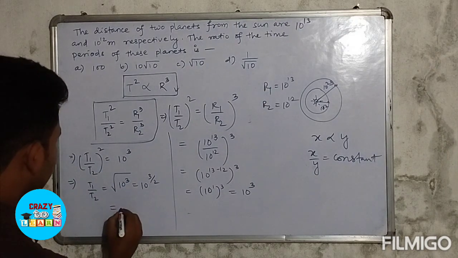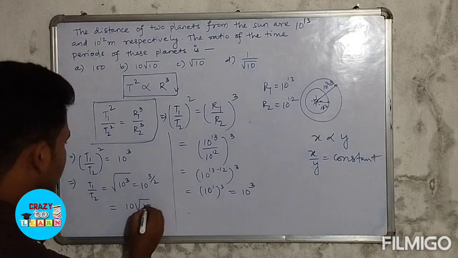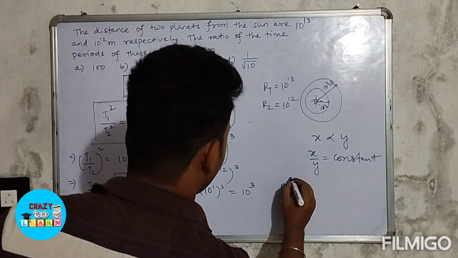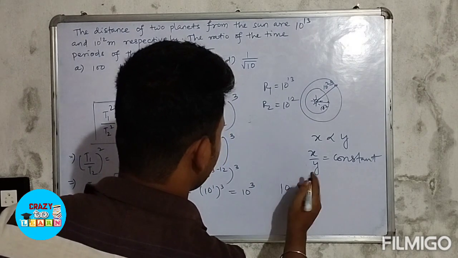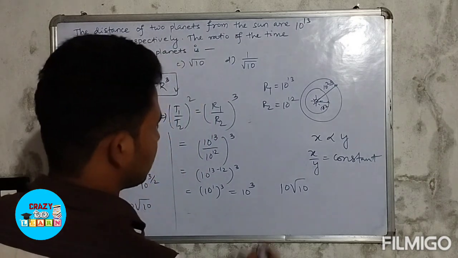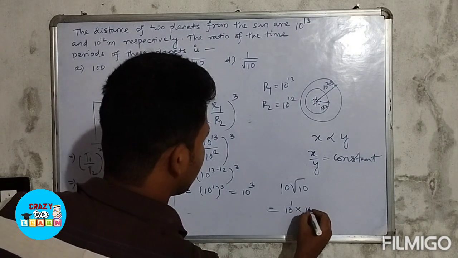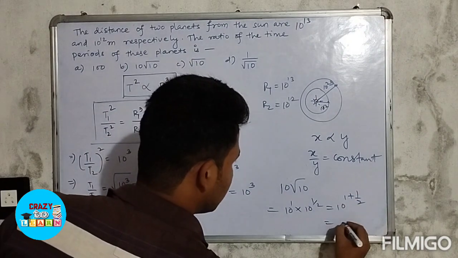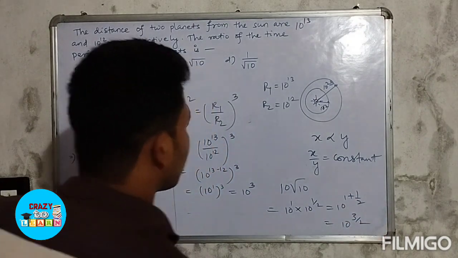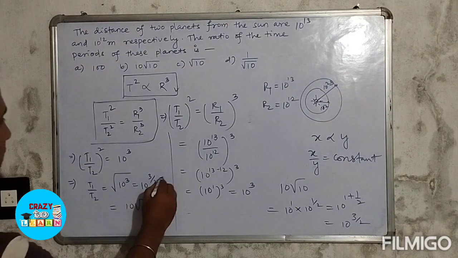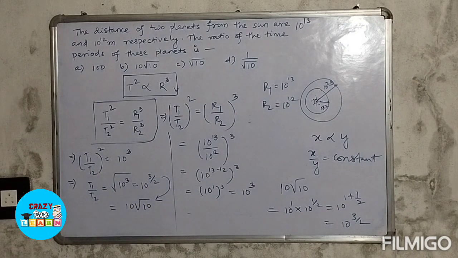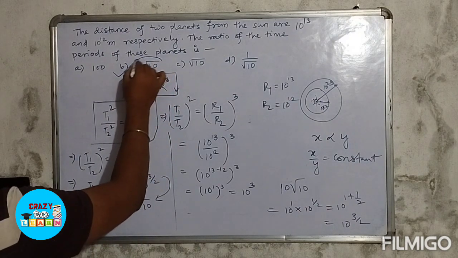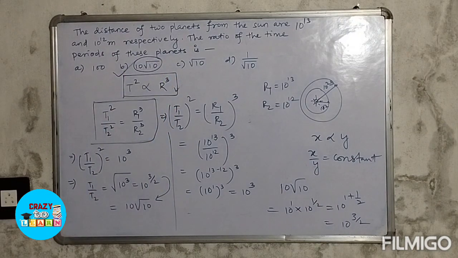We can write this as 10 root 10, which means 10 to the power 1 times 10 to the power half, so 10 to the power 1 plus half, which is 10 to the power 3 by 2. So option B is the correct answer.